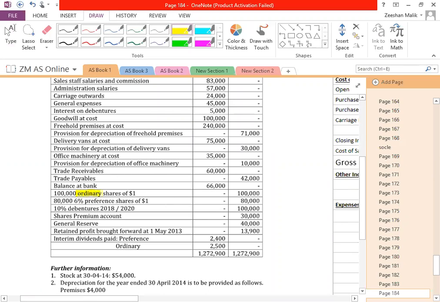That is number 1: ordinary shares, preference shares, share premium, general reserve, retained profit. Again, the same 5 columns are with us.